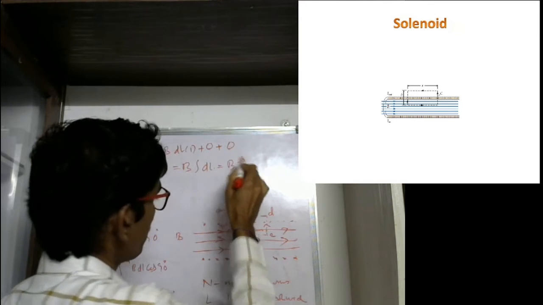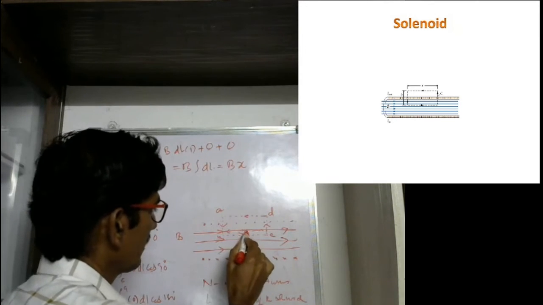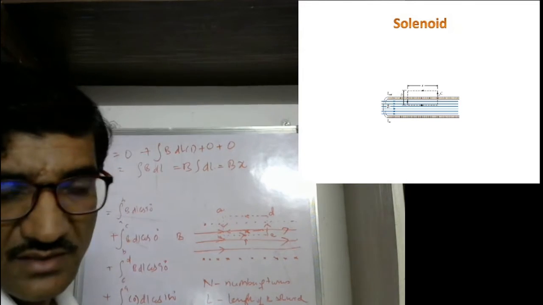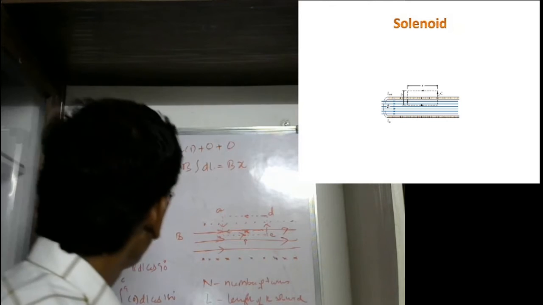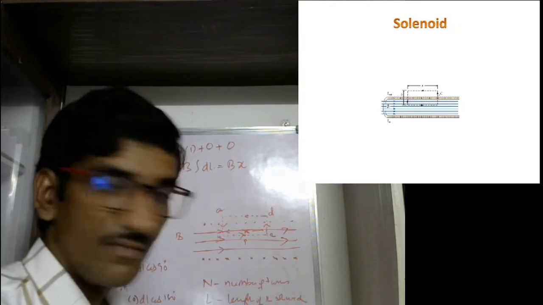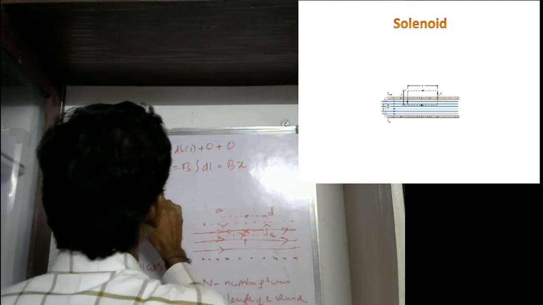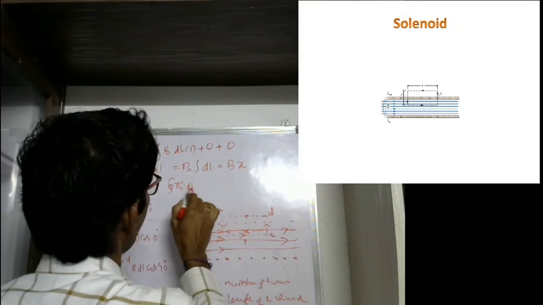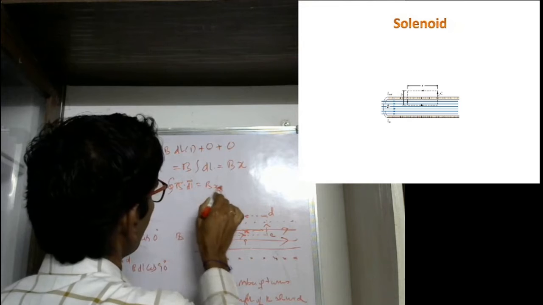Say BC is equal to x. Therefore, integral B dl is equal to Bx.